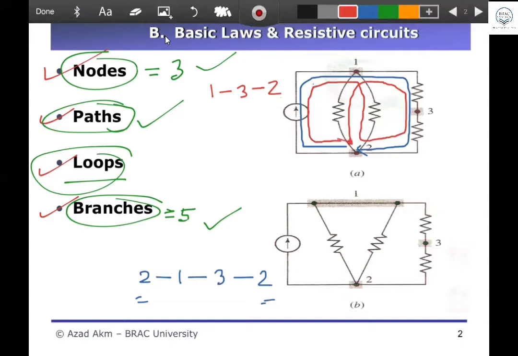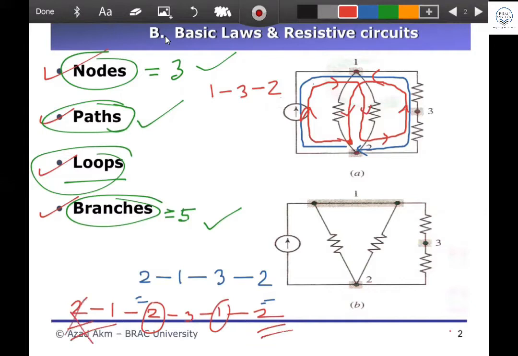You started from 2, then 1, 1 to 2, 2 to 3, 3 to 1, 1 to 2. The first and last node are the same, but there is a lot of repetition here. This is not a loop.